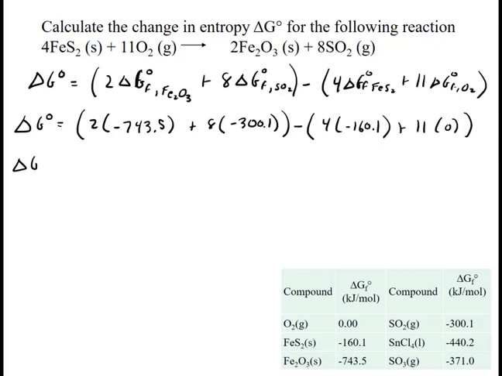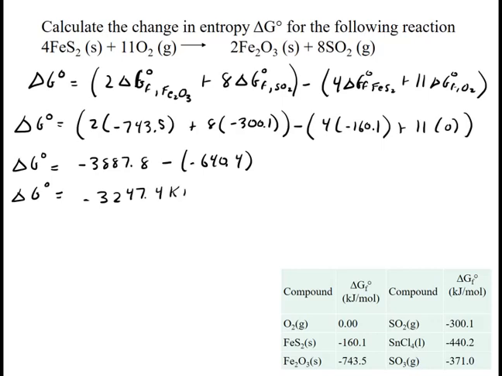Okay, so the delta G naught for my products is a negative 3887.8 kilojoules, and my reactants is a negative 640.4. So when I add those two numbers together, I get a negative 3247.4 kilojoules, which is definitely spontaneous. That's a very large negative number, which means it's mostly products.